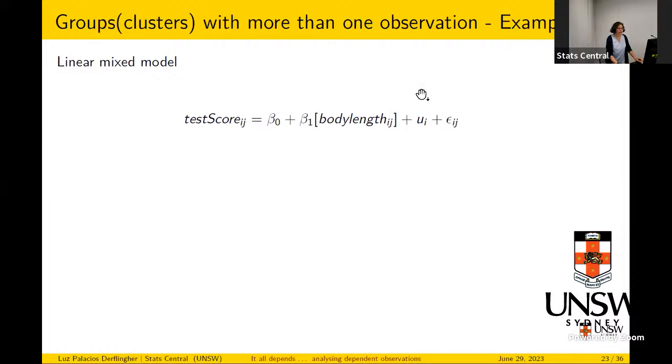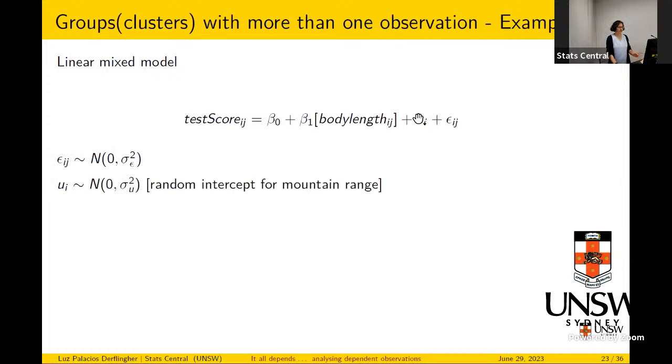Why would we go for a linear mixed model, including, in this case, a random intercept for mountain range and not a fixed effect for mountain range? Does anyone want to answer? No one online?